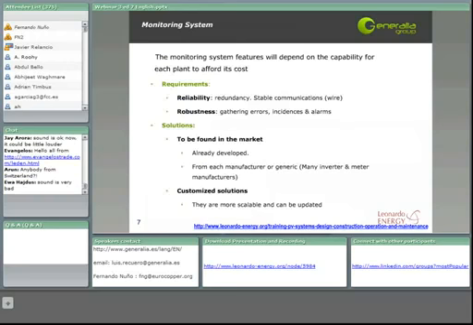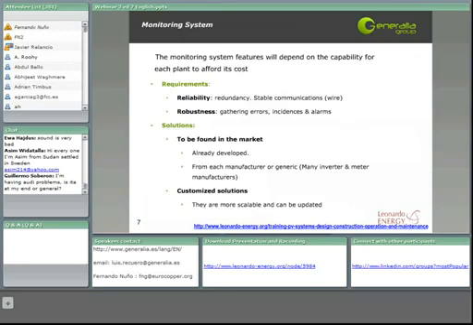About the monitoring system, it is important to be conscious that its features will depend on the capability for each plant to afford its costs. The main requirements for a monitoring system will be the reliability and the robustness. Talking about the reliability, we need stable communications so that we don't lose the link where we are reading the data.